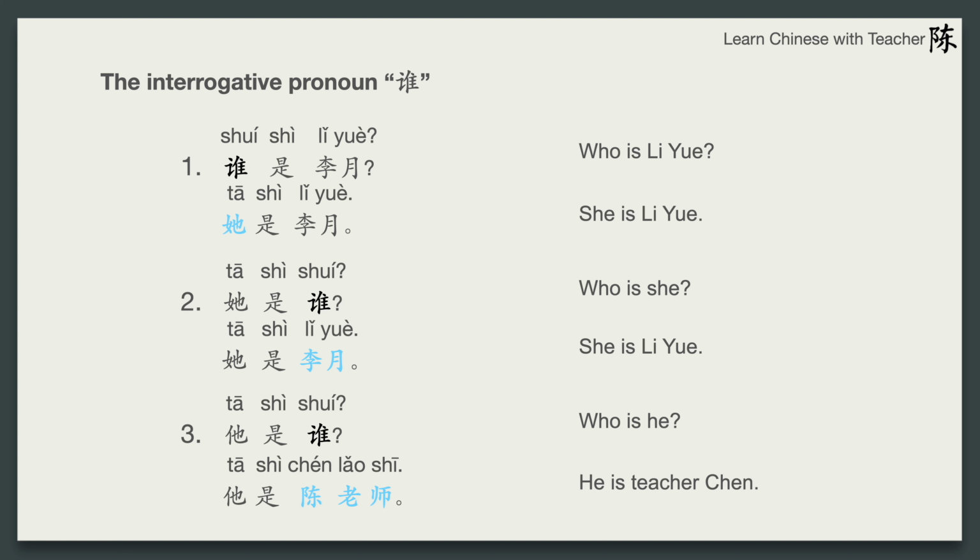Okay, I believe you find out that the word order of asking a question with shui is the same as it is in its answer, just like we've learned in previous lessons about what and ma. Shui is the same. You just replace the part you want to ask by who, shui, and then it's a question.